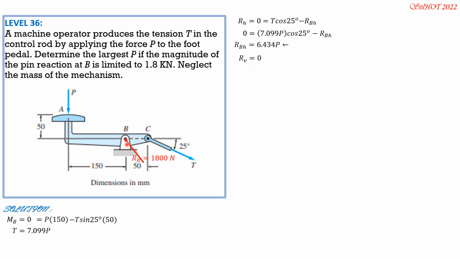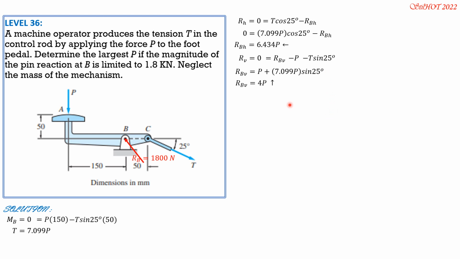The vertical component of the resultant is 0. So we have RB vertical, then minus P, then minus the vertical component of T, T sine 25. So RB vertical, take note that T is 7.099P, is equal to P plus 7.099P sine of 25 degrees.